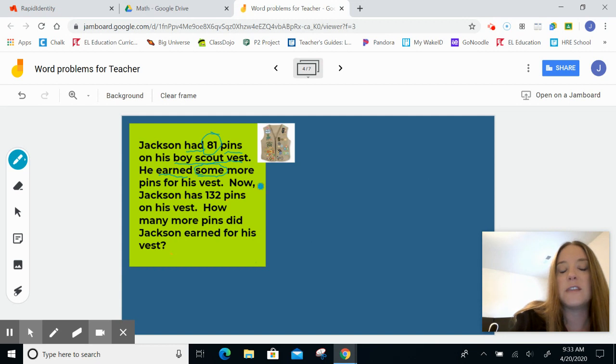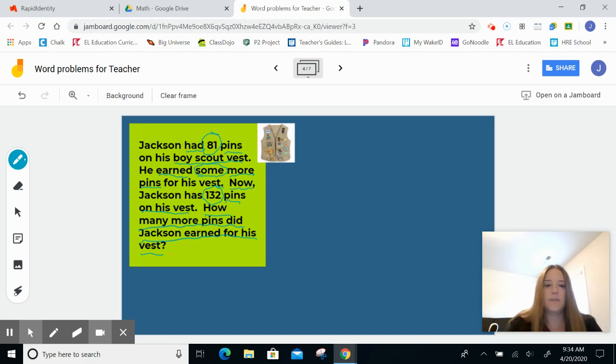Remember that word sum is the unknown number that we're trying to figure out. He earned some more pins for his vest. Now Jackson has 132 pins on his vest. How many more pins did Jackson earn for his vest?